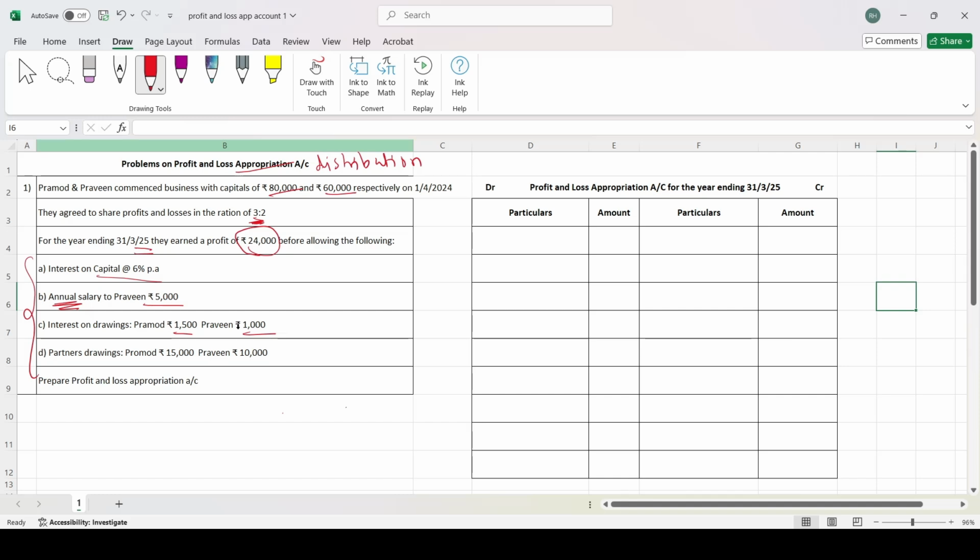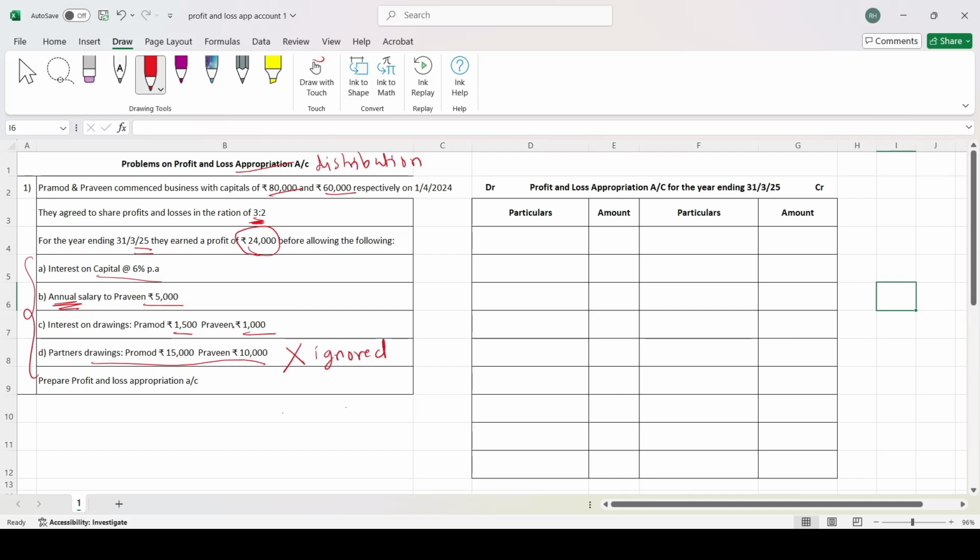They have also given partners' drawings, Pramod 15,000 and Praveen 10,000. Keep it in your mind, this should not be taken into consideration. It should be ignored. In your P&L appropriation, to confuse you, they will give you partners' drawings. Don't take partners' drawings, only interest on drawings will be considered.